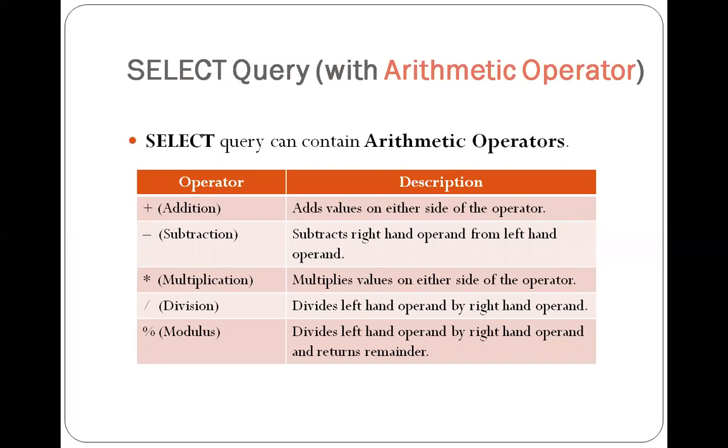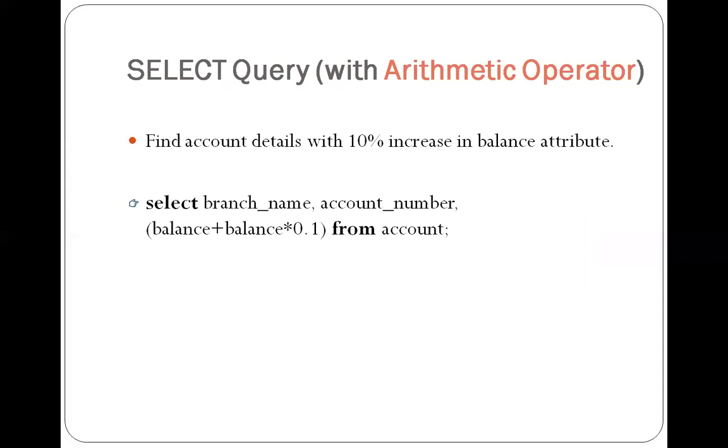So where will these operators be used? Let's see. Now, find account details with a 10% increase in the balance attribute.